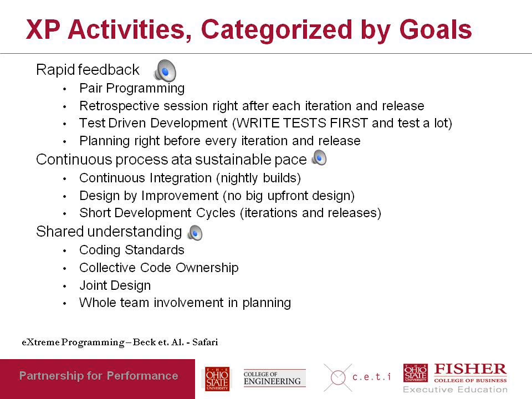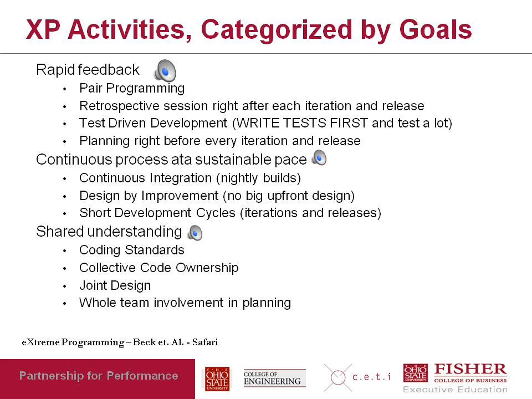The next goal of any agile process, and XP is no different, is what is known as a continuous process. That is, there are no big gaps, during which people think, and then a huge gap, and then people actually build, and then a huge gap, and then people test. The entire process is very continuous. People get together at the beginning of the day, they decide what they're going to do that day, they do their coding.